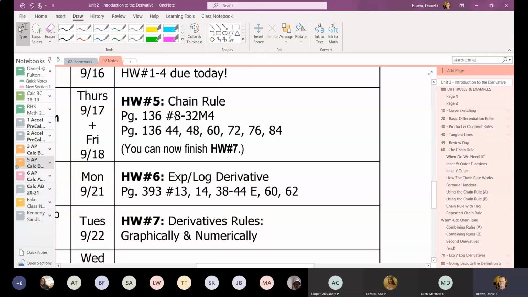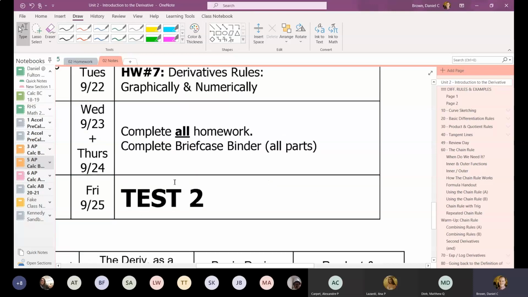So we'll finish up the chain rule tomorrow. Monday, we're going to learn about exponential and log derivative rules, which are pretty easy, to be honest. I know that's the calculus teacher saying that, but they're pretty straightforward. And then your test is actually next week, so welcome to BC, where we fly through material.